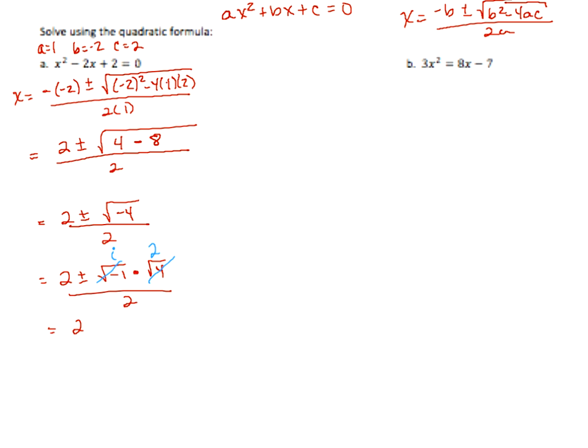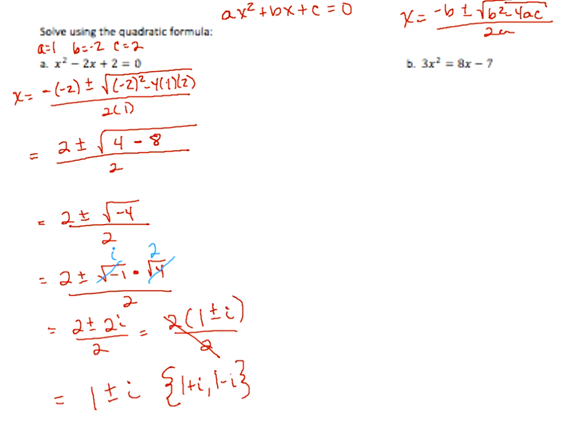So I have 2 plus or minus 2i over 2. If I factor a 2 out of the numerator, I have 1 plus or minus i over 2. I divide my 2's out. My final answer is 1 plus or minus i. Now when you put it into MyMathLab, they'll want 2 separate answers because there is no plus minus key. So they'll give you braces and you'll do 1 plus i, comma, 1 minus i in braces.